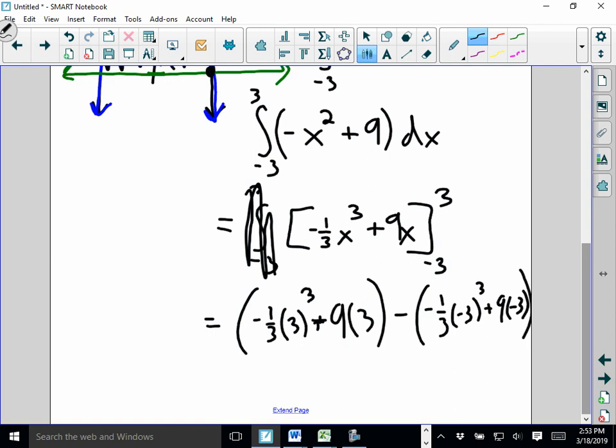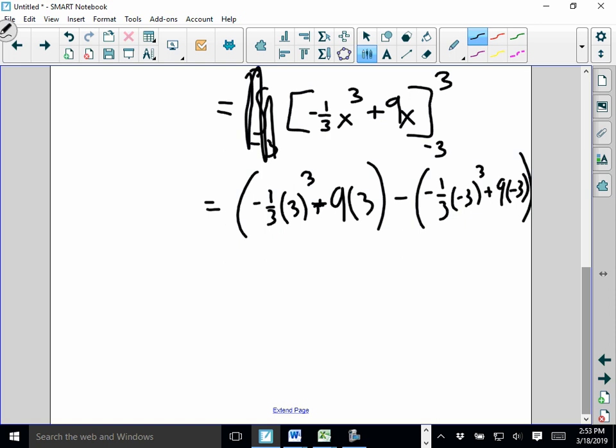3 cubed is 27. 27 times negative 1/3 would be negative 9. So here I get negative 9 plus 27. Over here, negative 3 cubed is negative 27. Negative 27 divided by negative 3 is positive 9, minus 27.